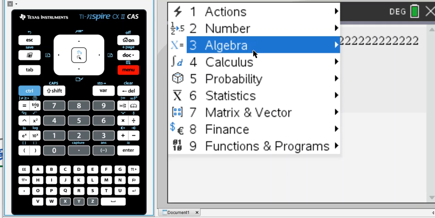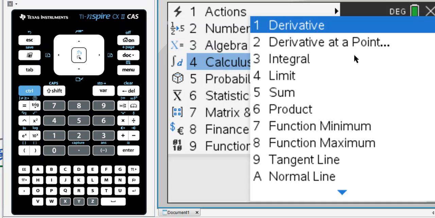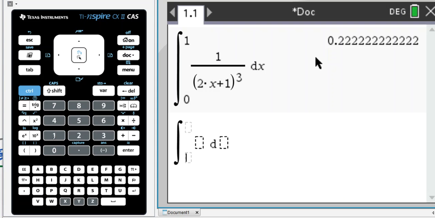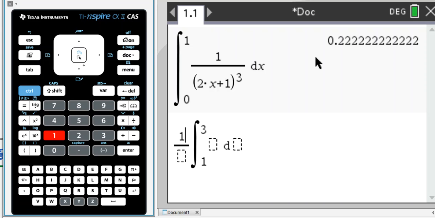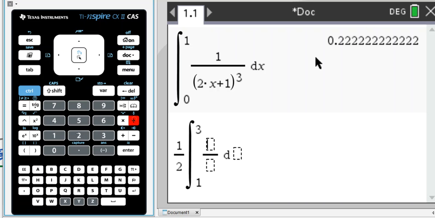Now if I compute another integral, again using the calculus menu, this time we're interested in the boundaries from 1 to 3 of 1 over... actually I need to include this 1/2, so let me jump over here because we said there was a 1/2 multiplied by the integral from 1 to 3 of 1 over u cubed.